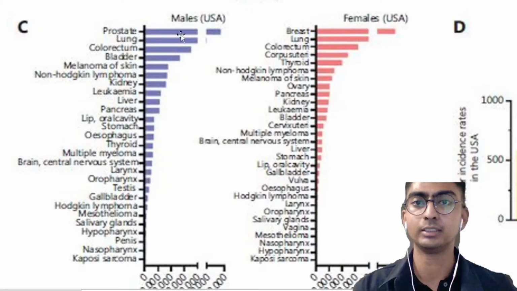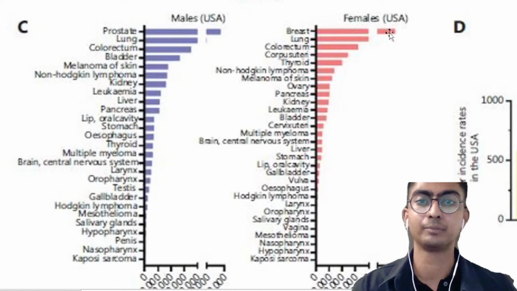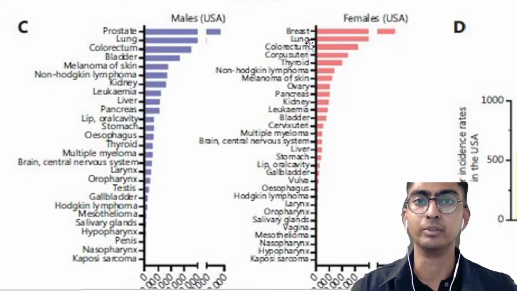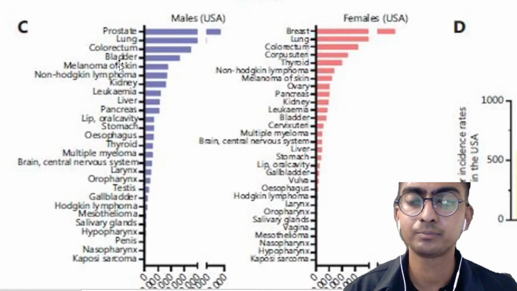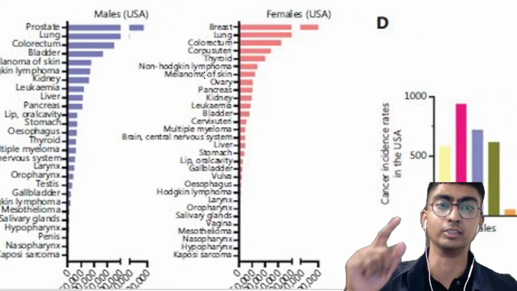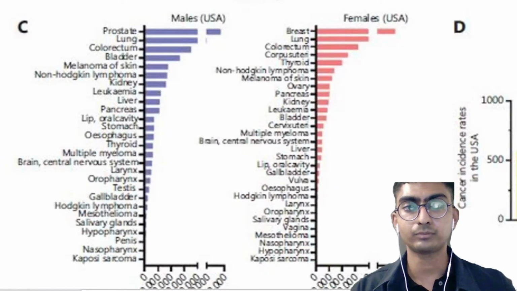As you can see, it is without a doubt the most common occurring cancer in males, and in females, breast cancer is the counterpart, the most common cancer in females. Then the next one is lung cancer in males, and in females it is also lung cancer. And the rest seems to be quite similar. I'll share the link of this article down in the description box if you want to take a look.